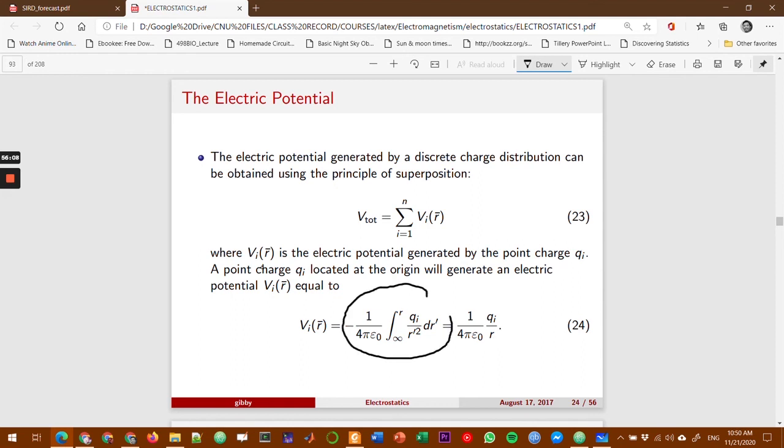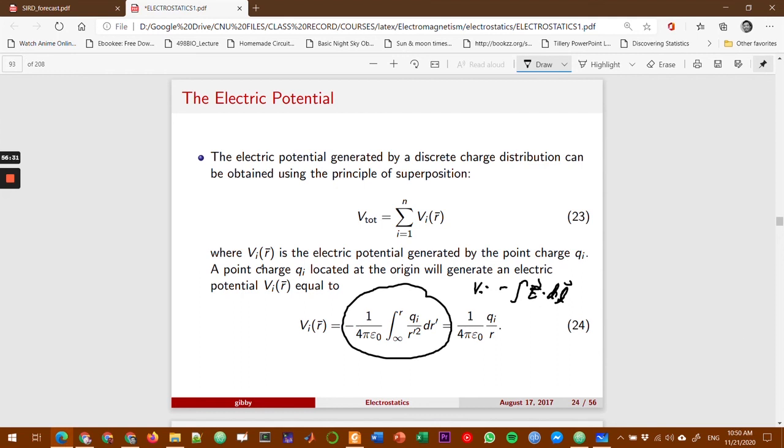This formula is actually the line integral of E dot dl. Okay. So this is the electric field of a point charge. You have Qi, the electric field caused by a point charge, Q1, Q2, and so on.